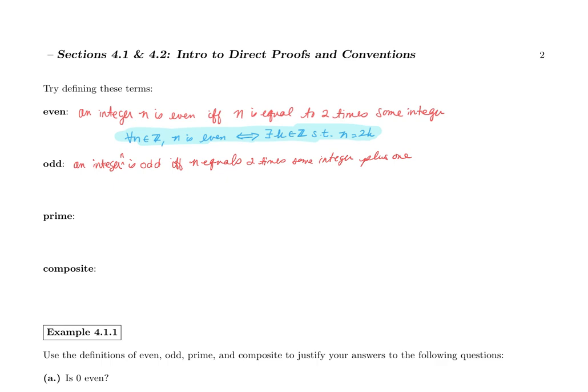So as an official definition, we end up with, for all n in Z, our formal definition says n is odd if and only if there exists some k in Z, meaning it's an integer, such that n equals 2k plus 1. Again, this is one of our important formal definitions.